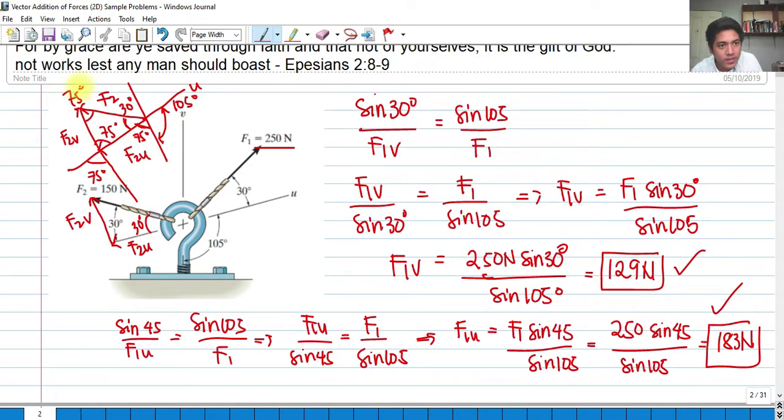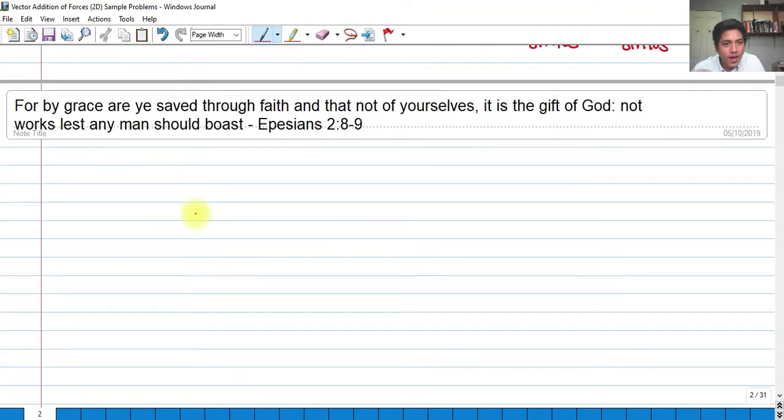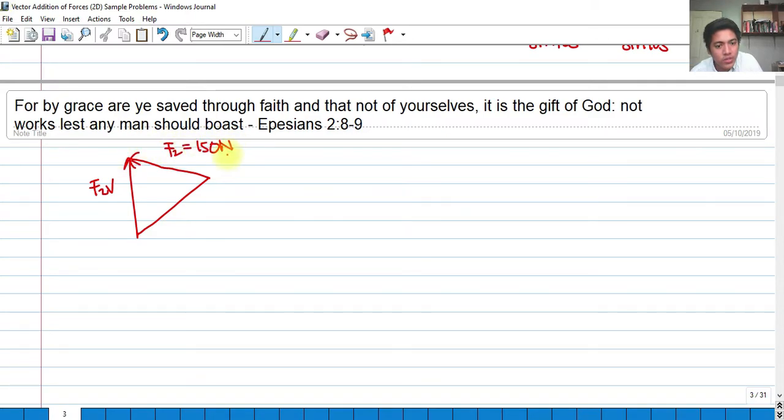If we redraw the triangle now, we have this F2V and this drawing. We have this F2, which is 150 newtons. We have this 75 degrees, this is also 75 degrees, and this is also 30 degrees.